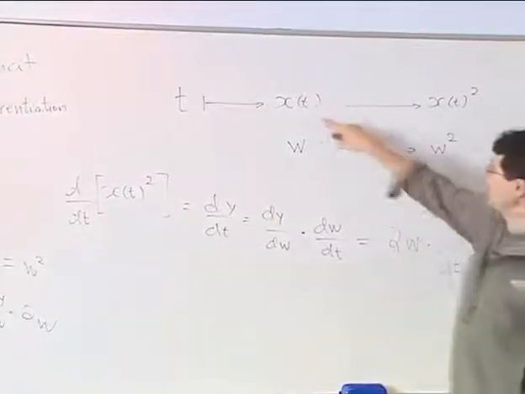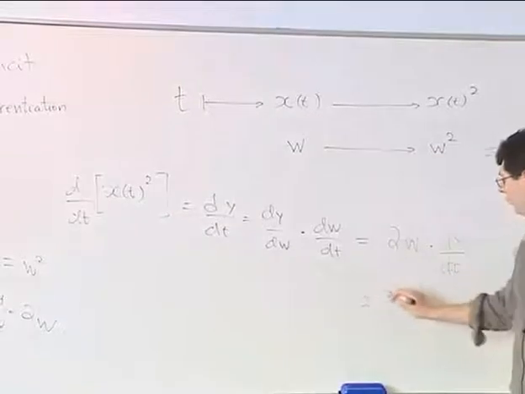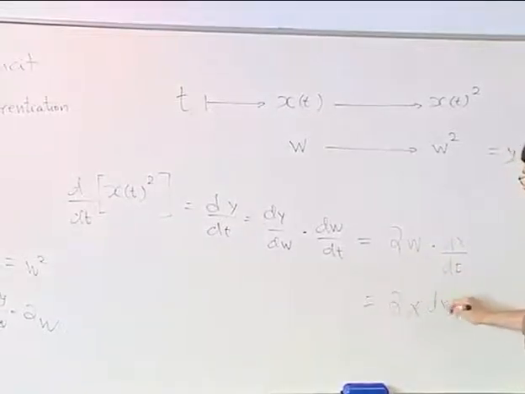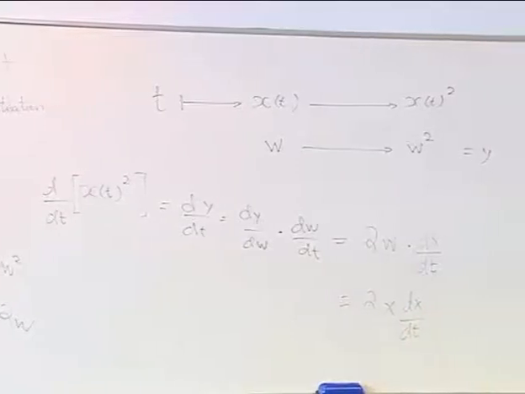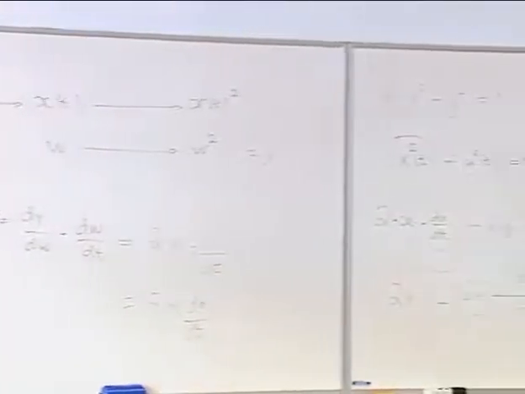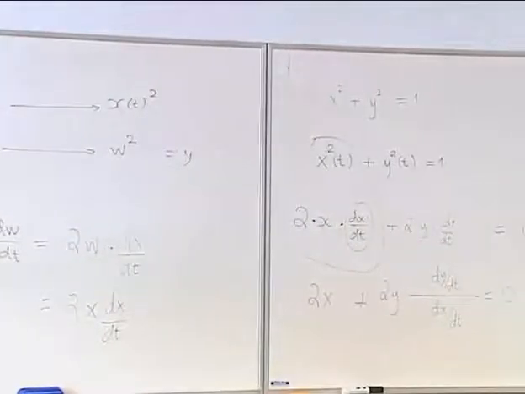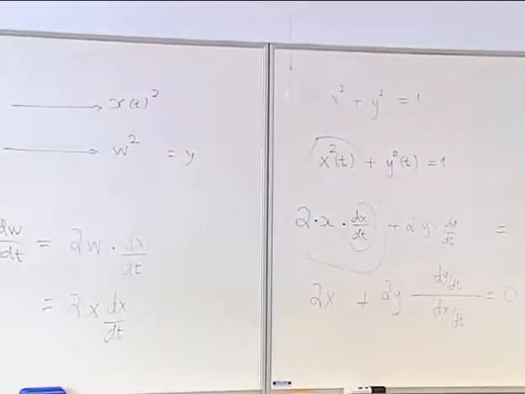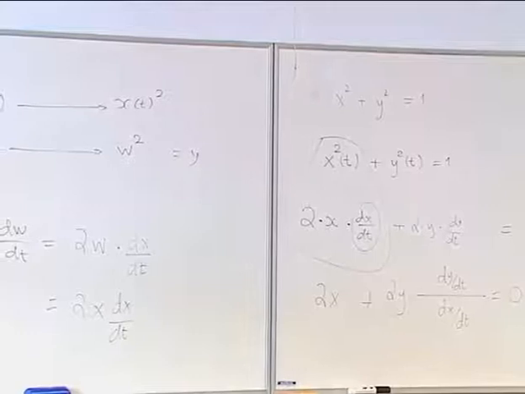W is equal to x. So this is 2x dx dt, which is what I had here. Okay? Let's do a few more.